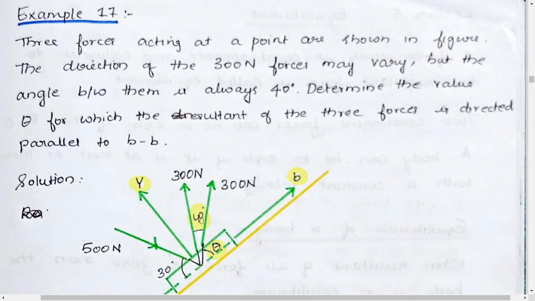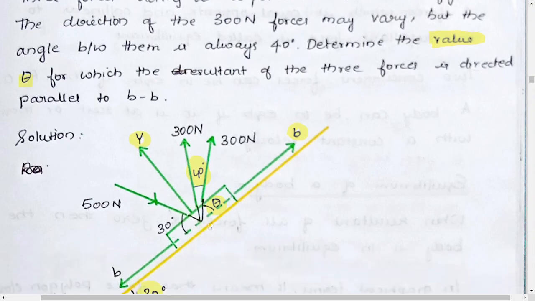We need to determine the value of theta for which the resultant of the three forces is directed parallel to BB. That means this resultant force will be having an angle of 0. That is what they are saying here.